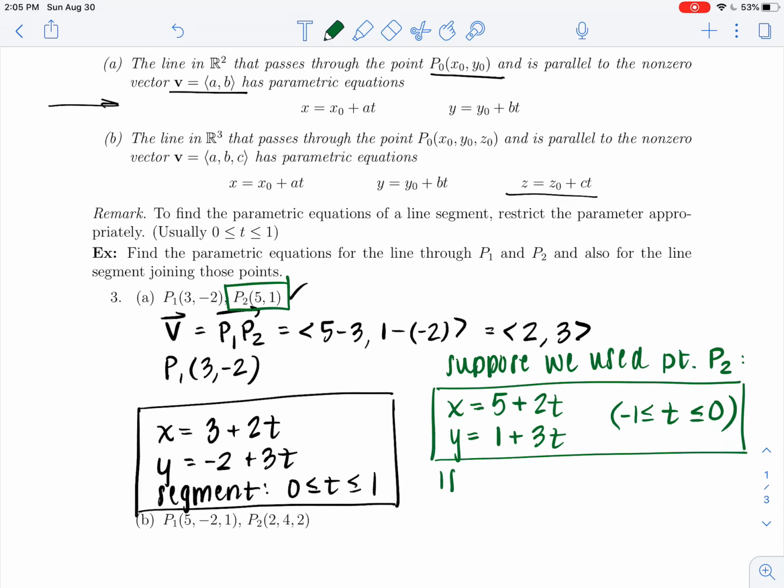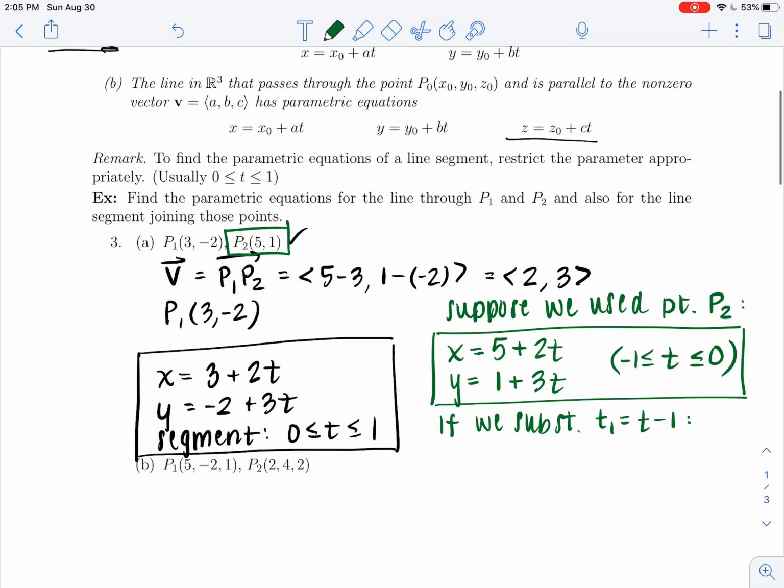And so to see this equivalence between the two, if we substitute t1 equals t minus 1, so we're just doing a shift, then what happens? So I'm going to substitute this into the green equations above. X becomes 5 plus 2 times t minus 1.